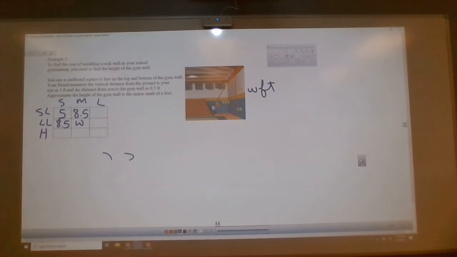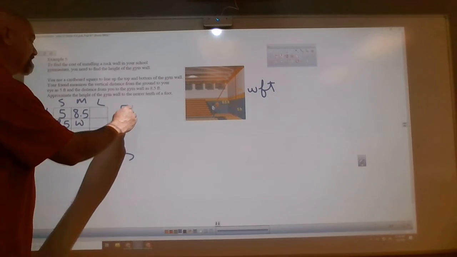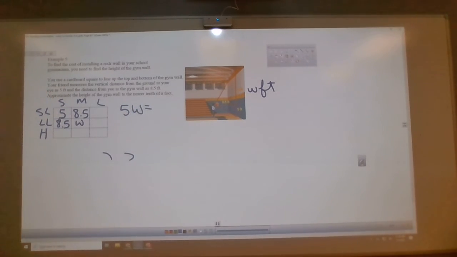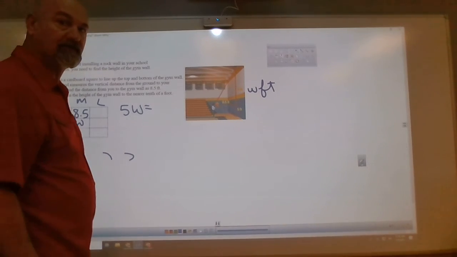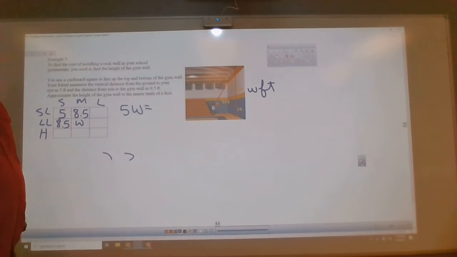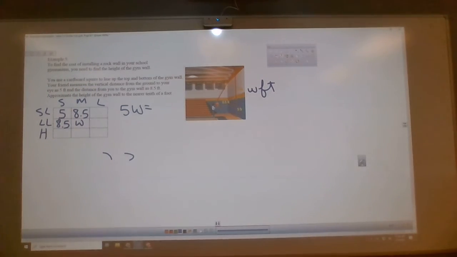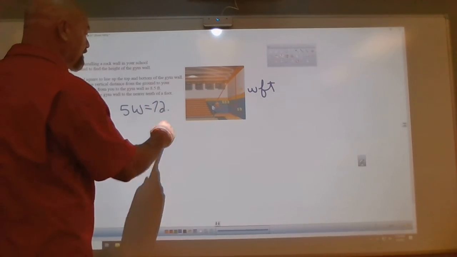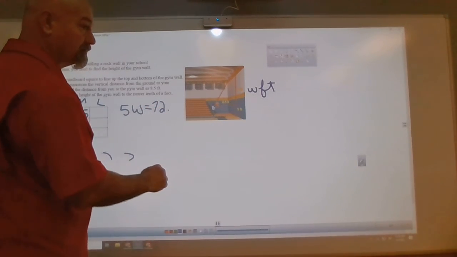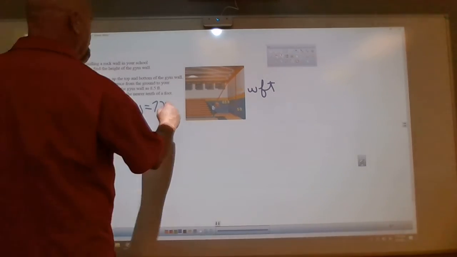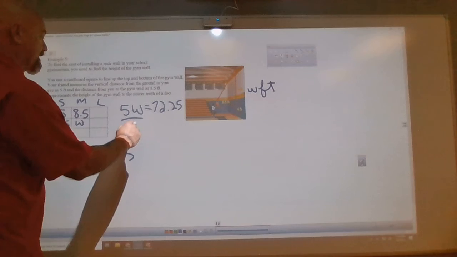Now, 5W equals, I don't know what that is, 67, 70? What is it? 72.25 divided by 5.